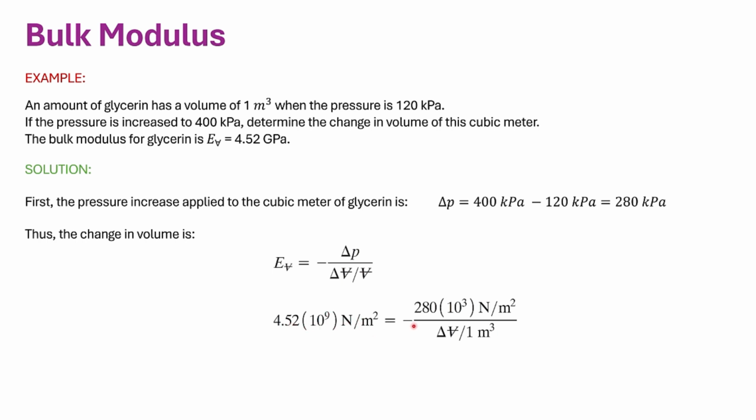That equals negative delta P that we found here, 280 kilopascals, so 280 times 10 to the 3rd newtons per meter squared, divided by delta V over V. And we know that the original V was 1 meter cubed. So by solving, we get delta V equals negative 61.9 times 10 to the negative 6 meter cubed. So this is how much the volume will change.